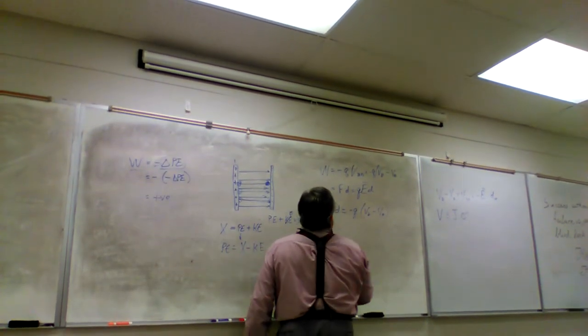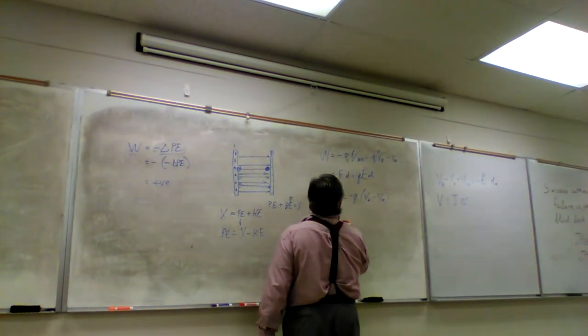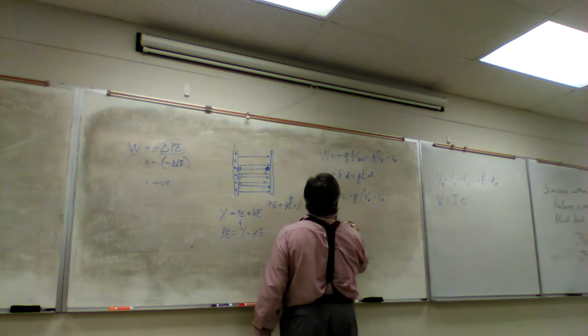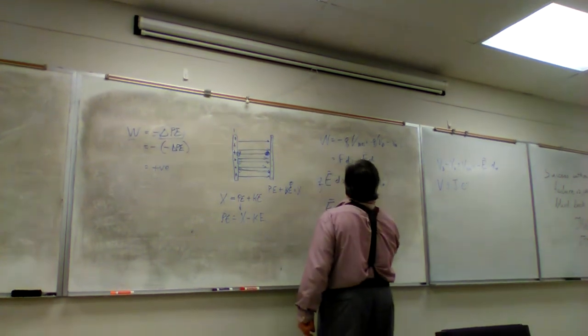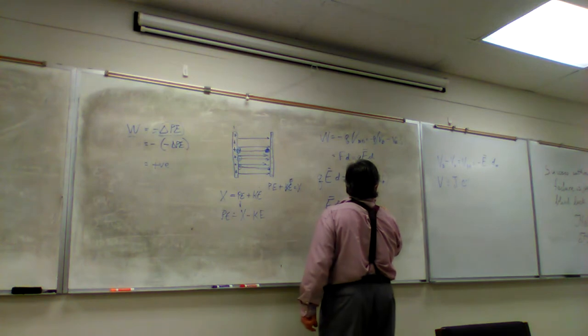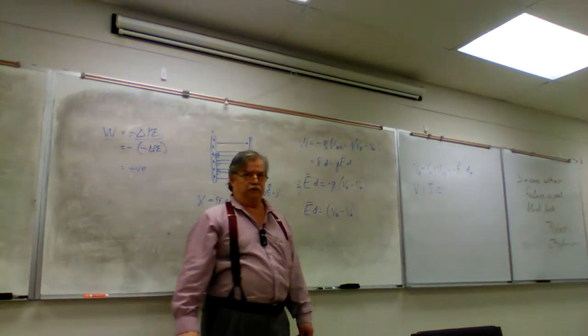Well, if we divide both sides by Q, we end up with the E field times the distance is equal to the change in potential, or the change in voltage.